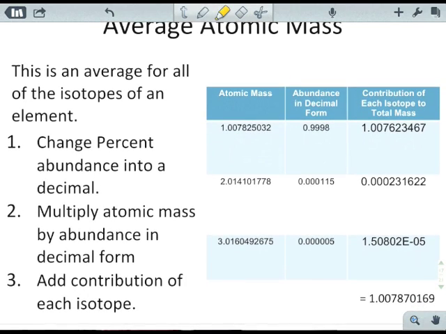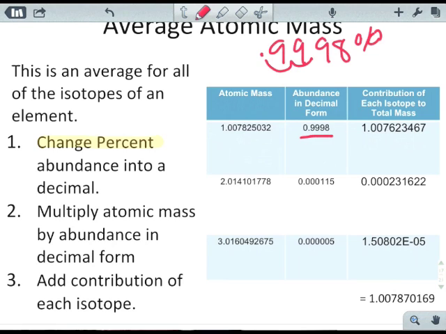All we have to do is first change the percent abundance into a decimal. So say in this case, I have a percent abundance of 99.98%. Okay, all we have to do is change that to a decimal. We just divide by 100, or you can just move the decimal place over to the left 2 times. And that's where we get this number, 0.9998.